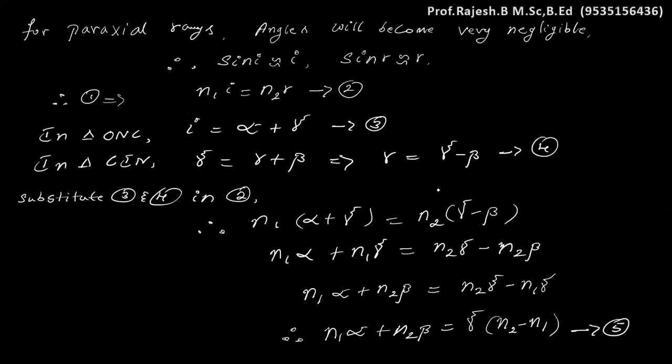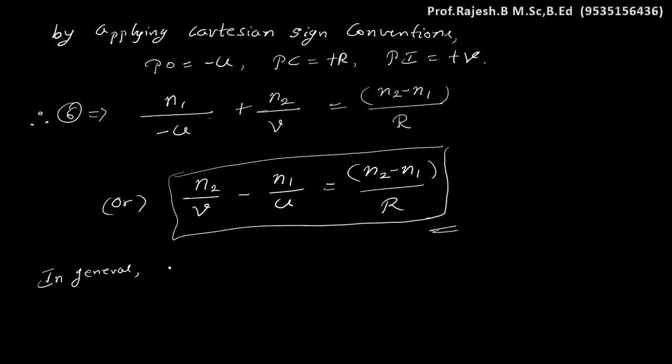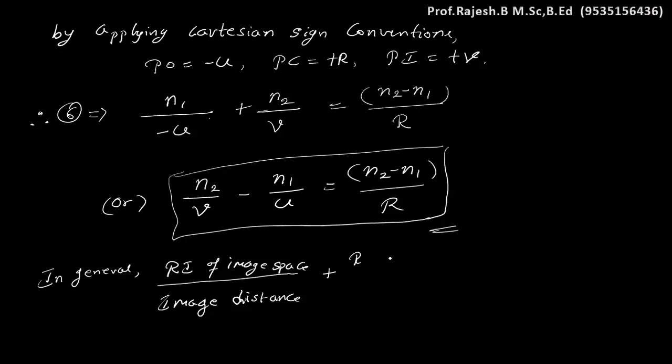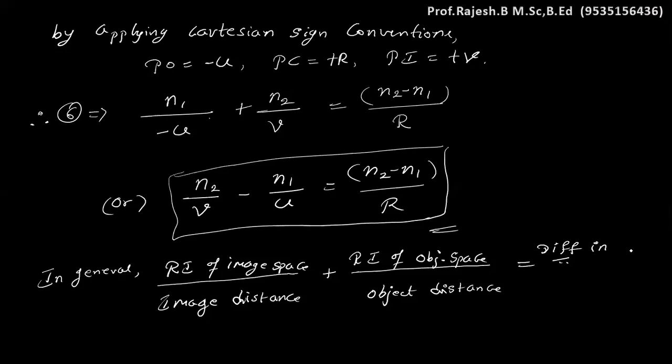So we can convert into words: N2, the refractive index of image space, divided by V, the image distance, minus N1, the refractive index of object space, divided by U, the object distance, is equal to N2 minus N1, the difference in the refractive index, divided by R, the radius of curvature.